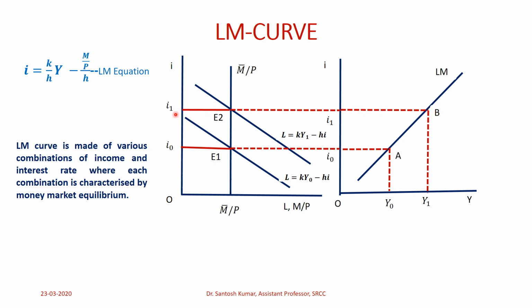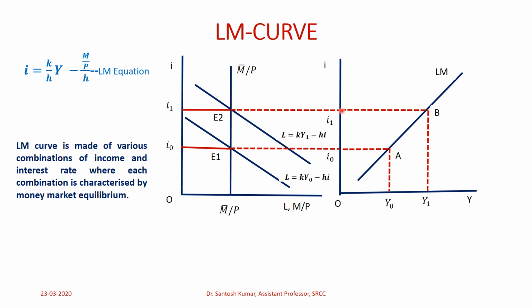Let us have this dotted line to represent I1, which is the same level of interest rate as this one. Now this I1 interest rate is associated with which level of income? Y1 level of income, such that the money market is in equilibrium.